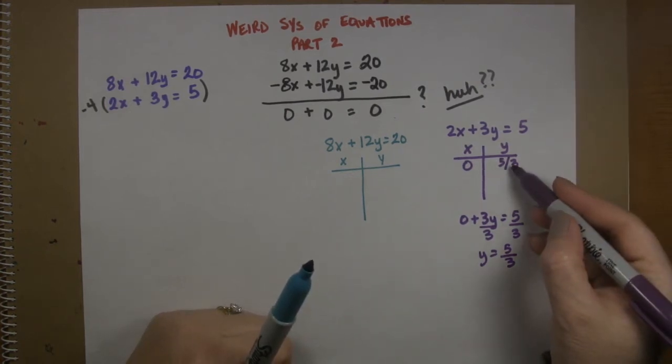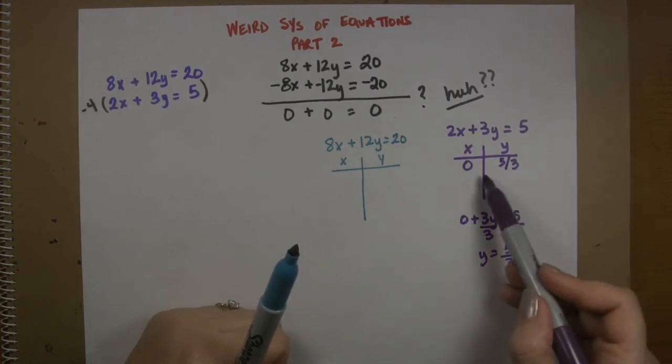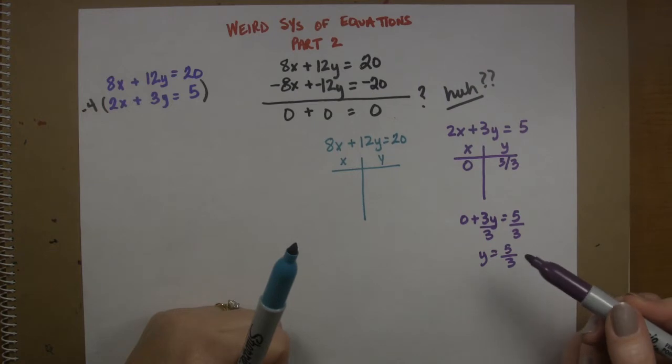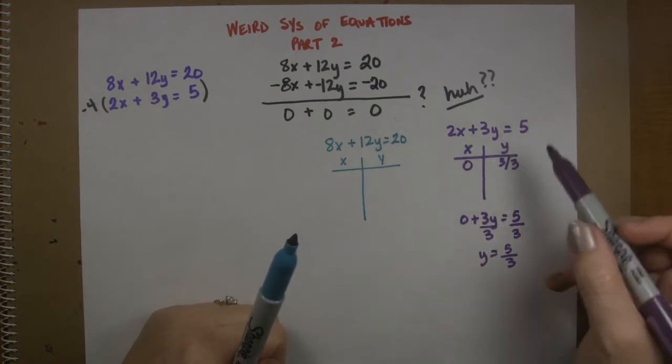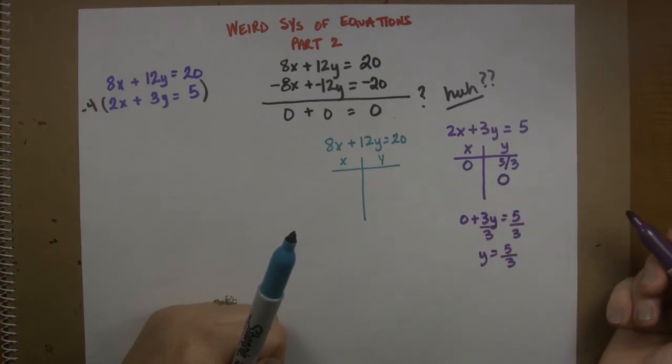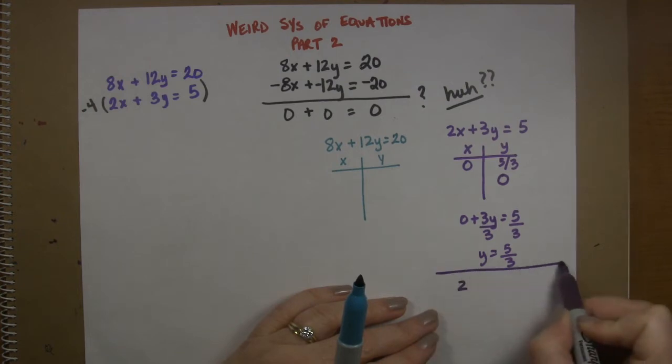Okay, so that is one of our points, and we need 2 points, remember, in order to draw a line. So let's pick some other number. Well, because this is all funky, I'm going to make my y 0 and then see what my x turns out to be. So now I'll just draw a line here.